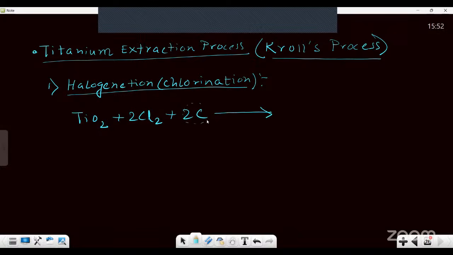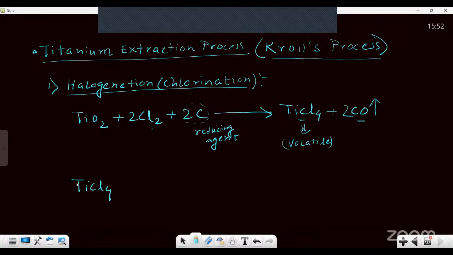It gets converted to TiCl4 plus CO. This CO evolves because it is gaseous. Now TiCl4 is basically volatile.